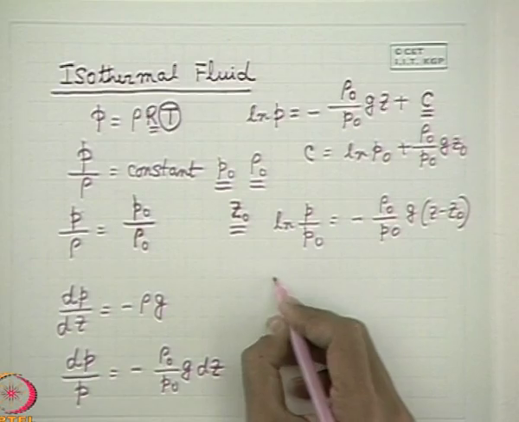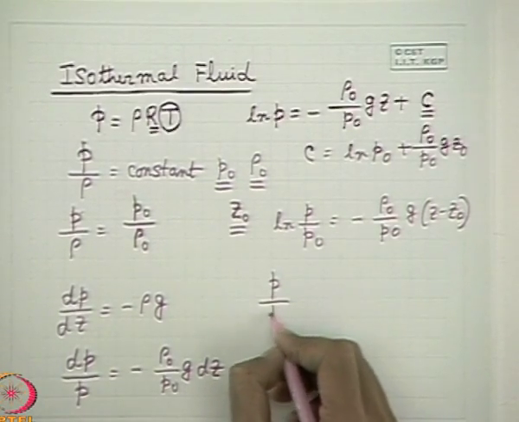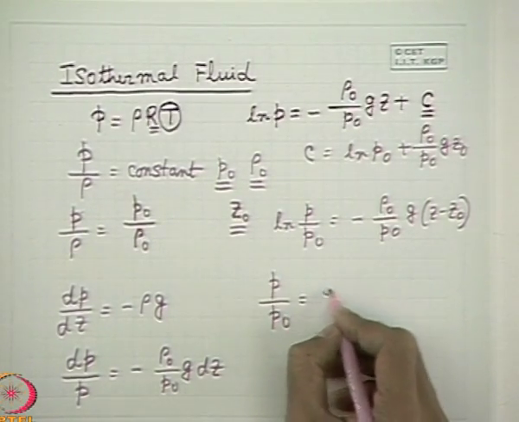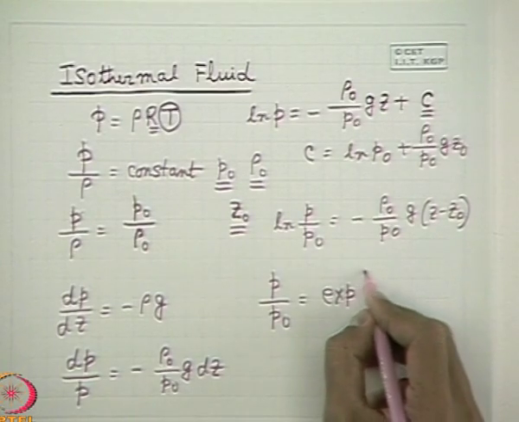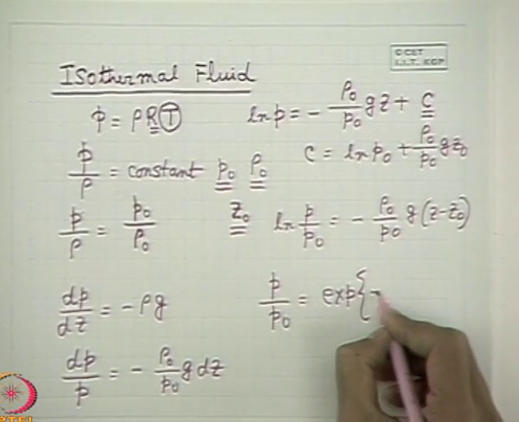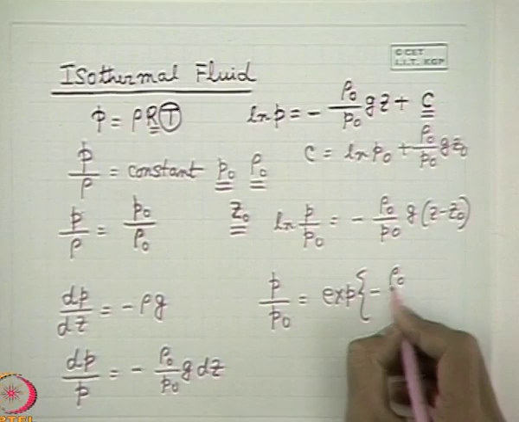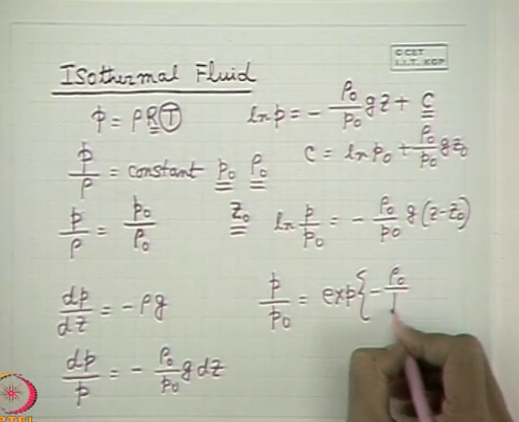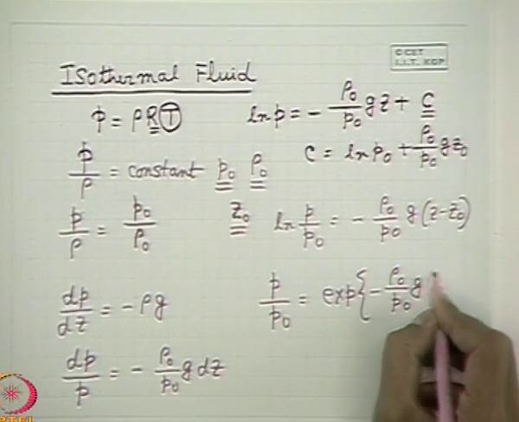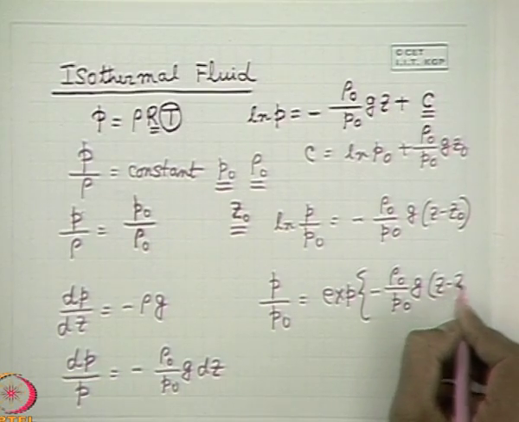This is the simple expression, or you can write it in terms of the exponential function: P by P0 is the exponential of minus rho 0 by P0 g times (z minus z0).